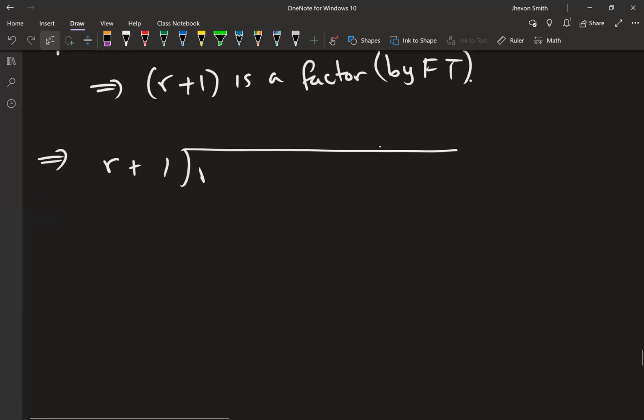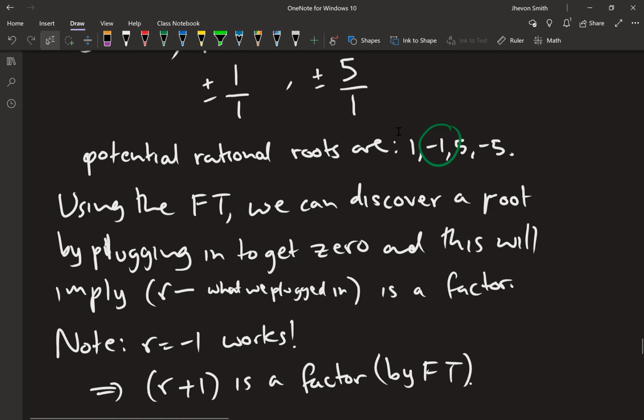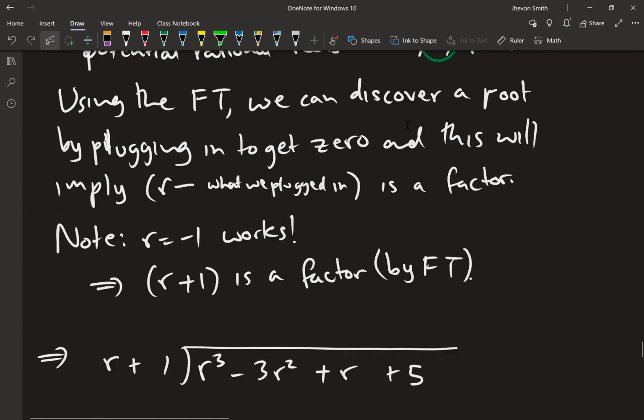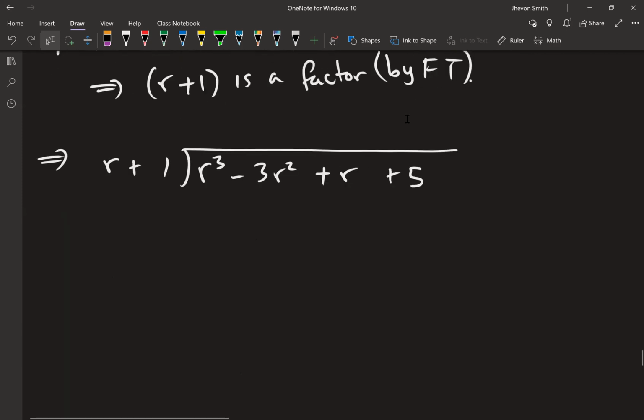So this is r cubed minus 3r squared plus r plus 5. So now, of course, we apply the long division of polynomials. R into r cubed goes r squared times. r squared times r gives me r cubed, r squared times the plus 1 gives me plus r squared. Subtract everybody.